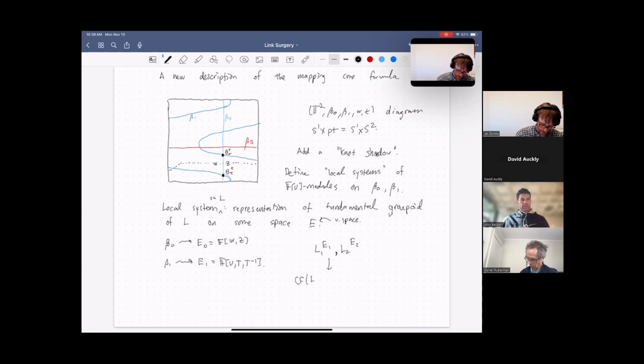It is generated by pairs X, F, where X is in the intersection of L1 and L2, just like in the normal Floer homology, and F is now just a linear map from E1 to E2. I'll continue this on the next page.